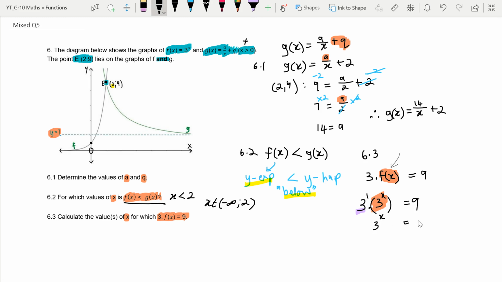Then we are left with that. And remember, with our exponential equations, if our bases are the same, our exponents must be the same. So calculate the value or values of x where that is true. And that is the x value where that is true. And that's it for question 3.